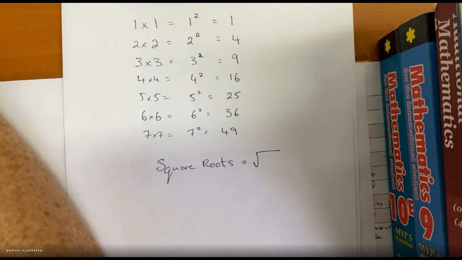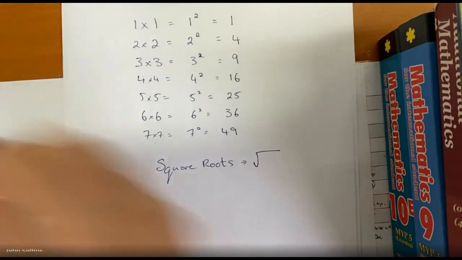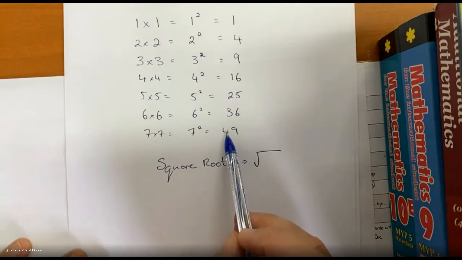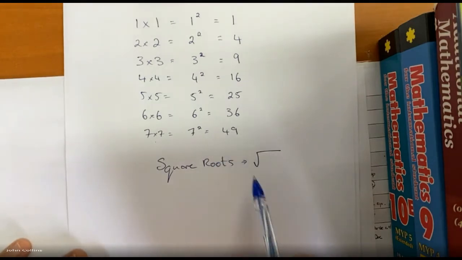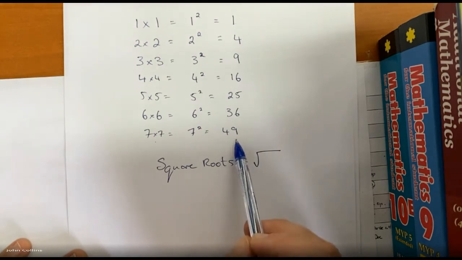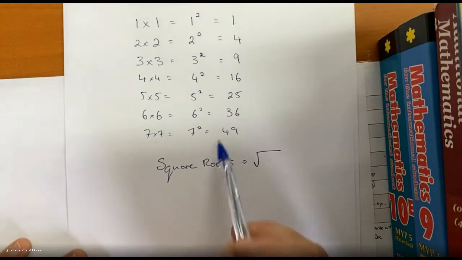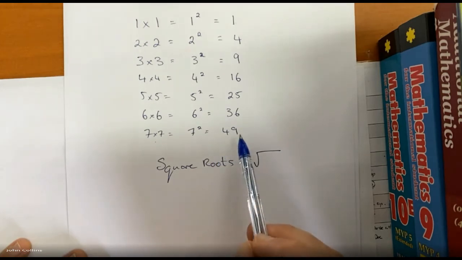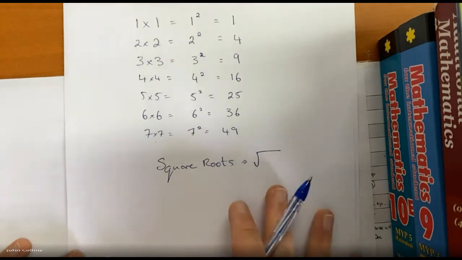And square root is working backwards. If you have a square number, like 49, the square root asks the question, what number squared is 49? What number by itself gives 49? So, for example, you would say, what is the square root of 36? And you just say 6. Exactly, yeah.